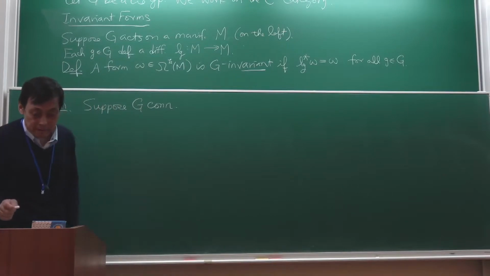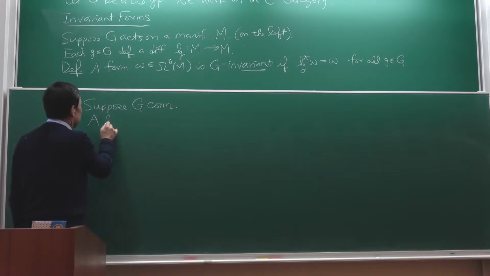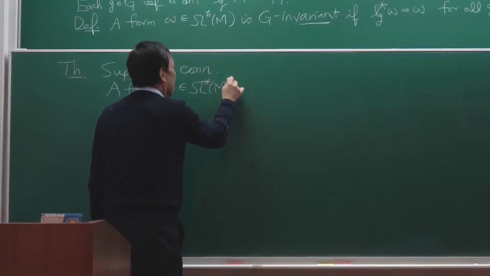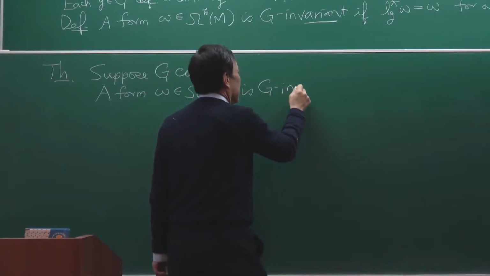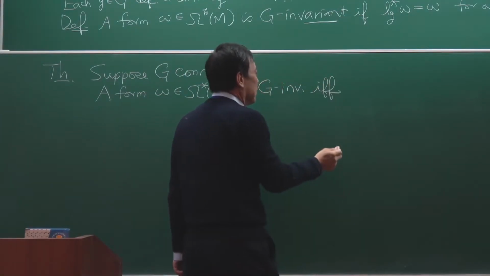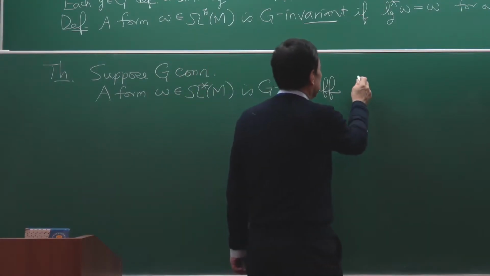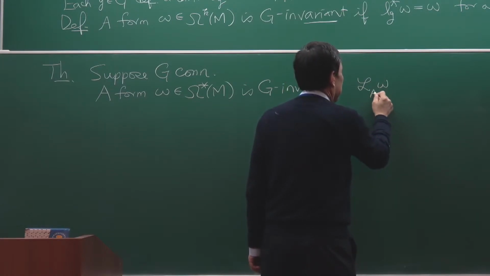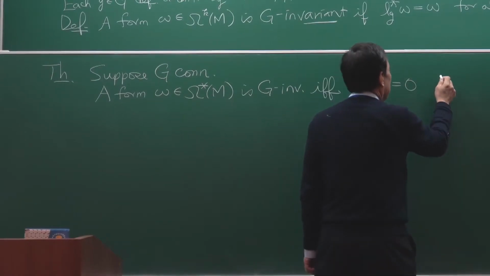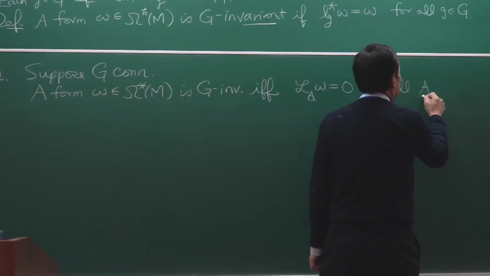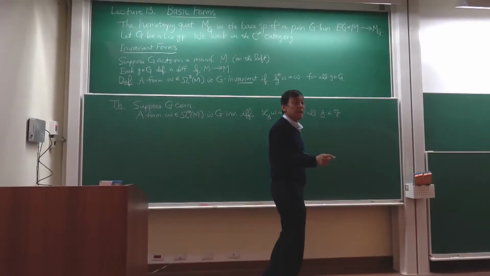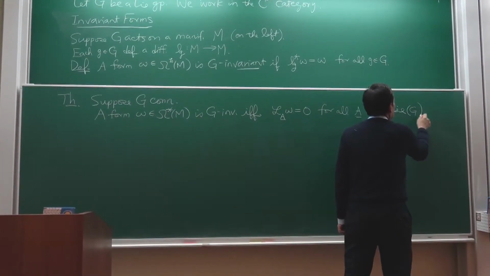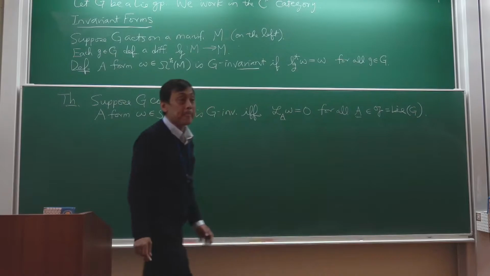So suppose G is connected. Then a form omega on M is G invariant if and only if the Lie derivative of omega with respect to A bar is 0, for all A in little g, which is the Lie algebra of the Lie group G. Okay?